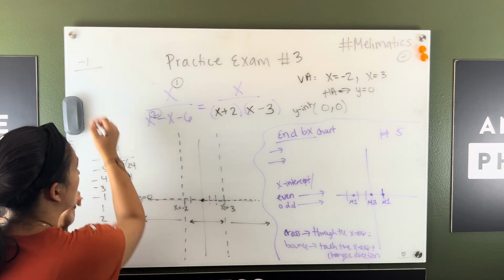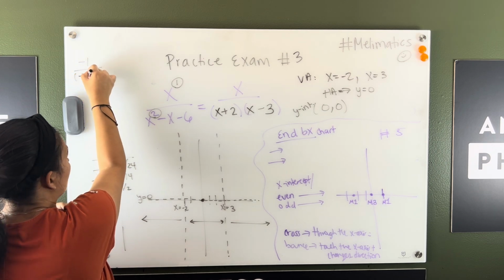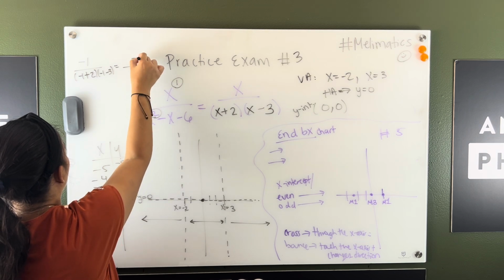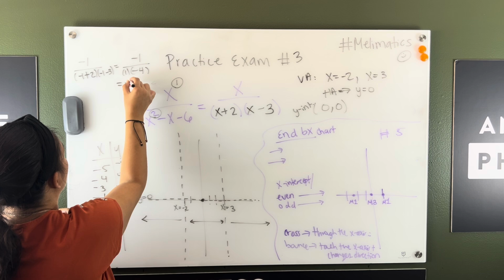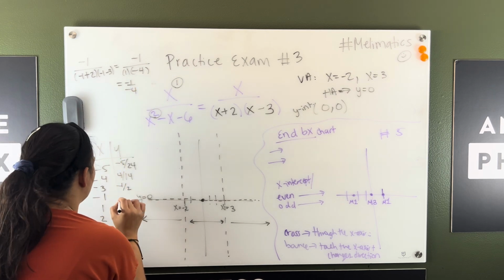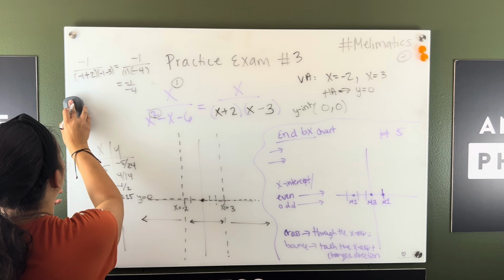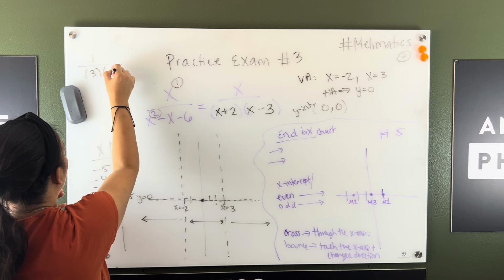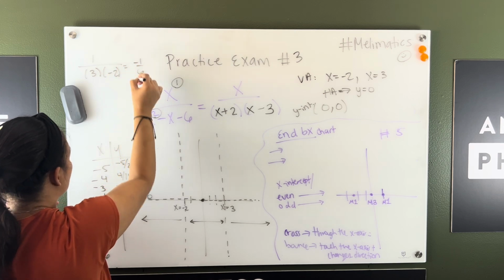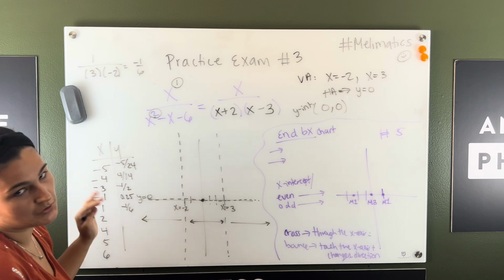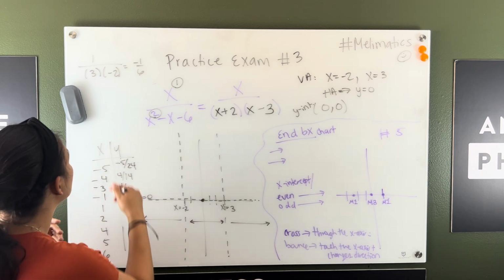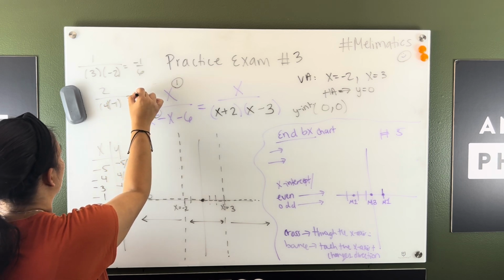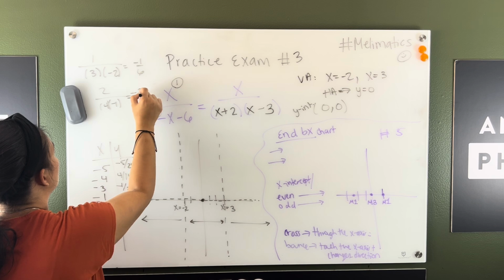Right? So let's plug in -1. Okay, so that's just -1 over -4, which is positive 0.25. Okay, plug in 1. It's -1 over 6. And then continue the work. Right? So plug in 2. Alright, it's going to be negative 2 over 4.